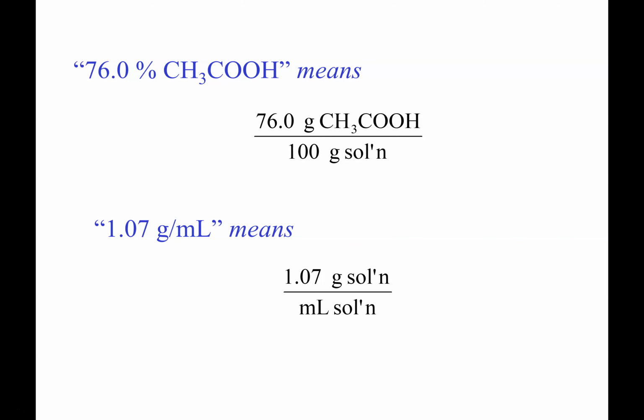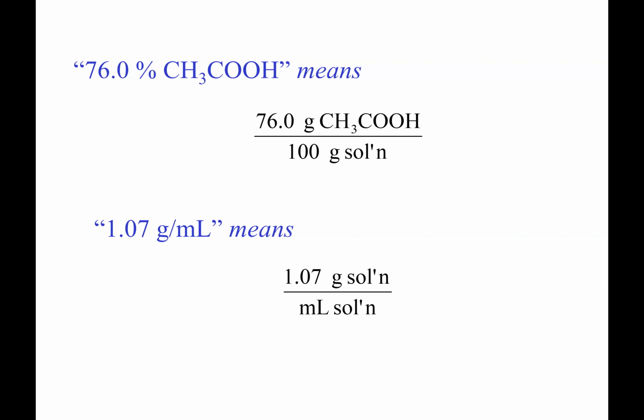See what this one is? You see where I'm going with that? Liter of solution, well, it's not liter, but it's milliliter of solution. Okay, I should have used two different colors, but hopefully, well, two stars here. Okay, so that's the kind of things you're laying out, okay?